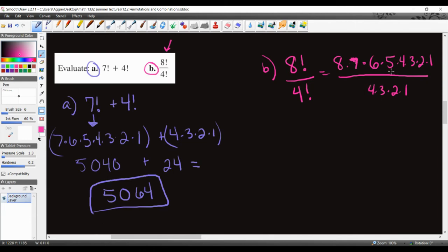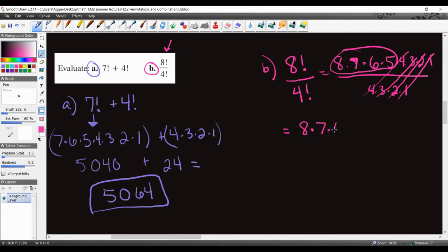Notice they both have that 4, which gives me just a 1 because 4 divided by 4 is 1. Same with the 3, the 2, and the 1. So really, all you're going to multiply is this. Another way to think about this, so you don't have to write all this out, is to go down to that 4.